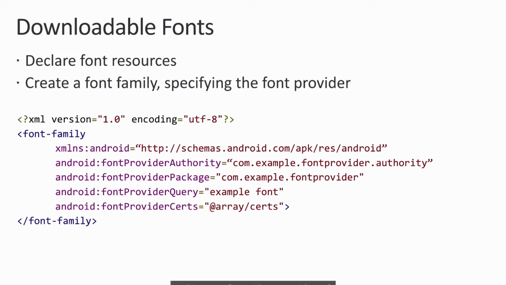To be specific, we have to identify the font provider authority and the font provider package. We have to provide a query to help identify or isolate the fonts we want. And then we have to provide a resource array that has the SHA-1 checksums of the certificates used to help authenticate the payload that we're downloading from the internet or from some source.